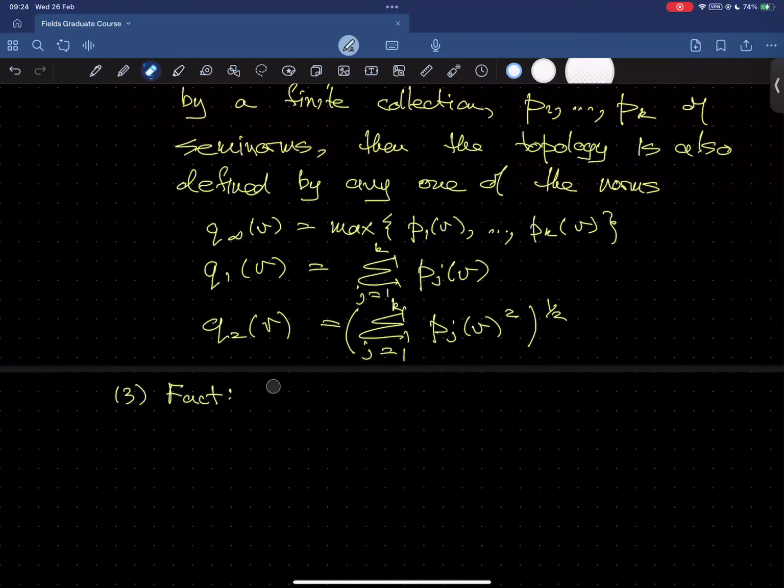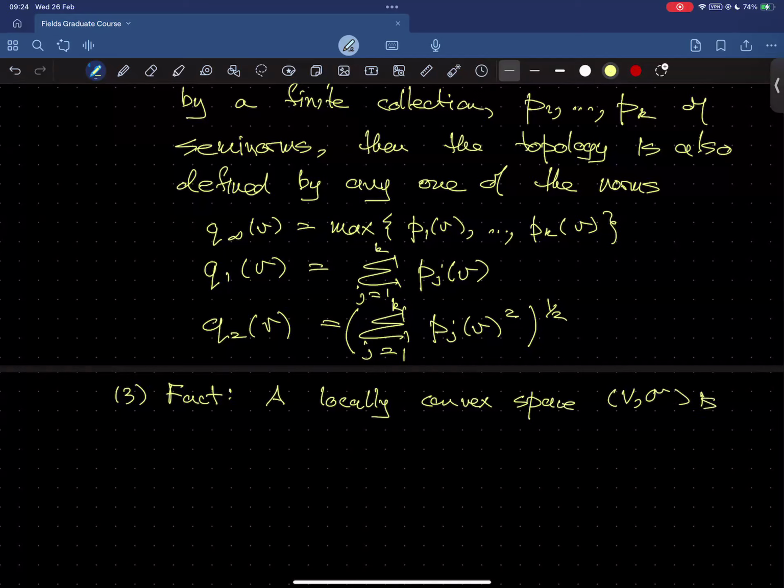So a locally convex space V is normed if and only if V possesses a bounded convex zero neighborhood.